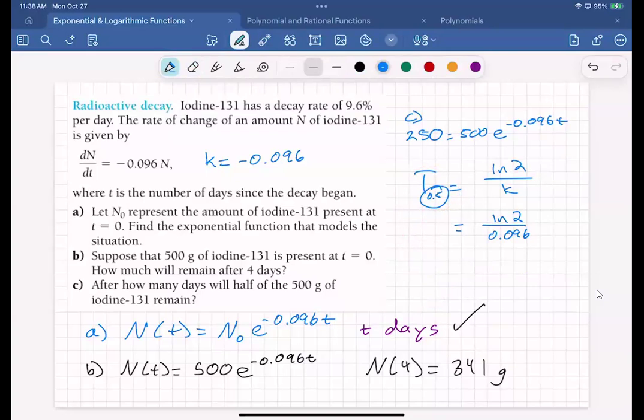Sorry, I'm going to erase my stuff. Natural log 2. Are we getting to 7 though? If you accidentally put the negative in, you're going to get a negative 7 something, right?